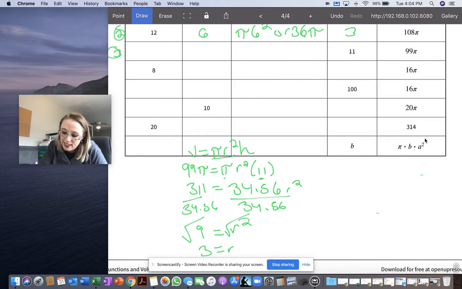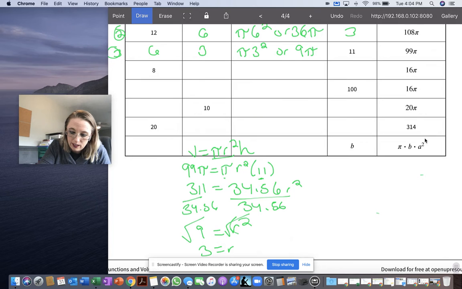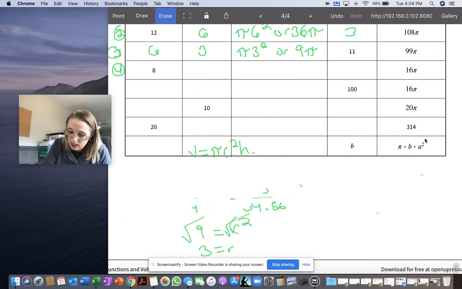So your radius is 3, and your diameter has to be 6. Pi times 3 squared, or 9 pi, is your area. Not too bad. We're going to keep on moving. I'll leave our volume equation there.